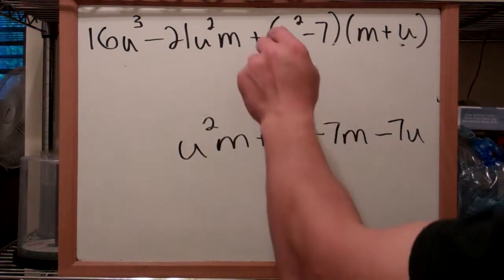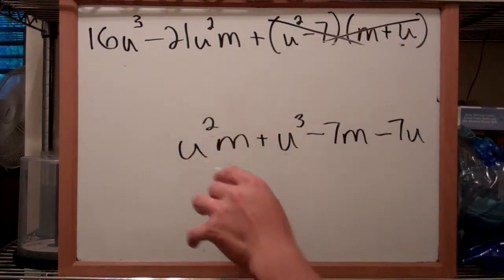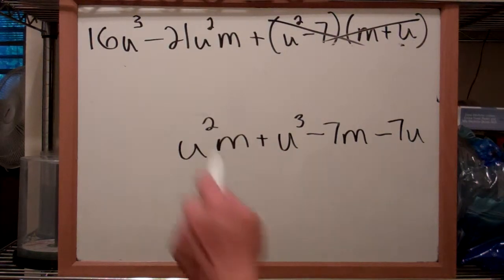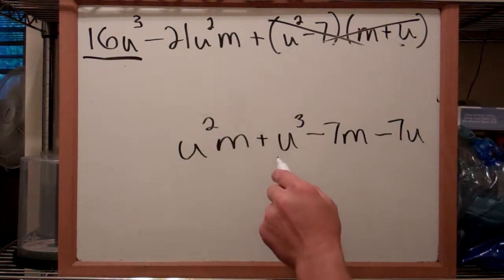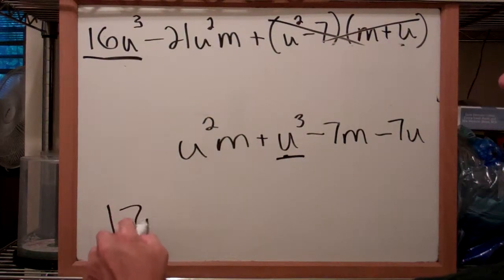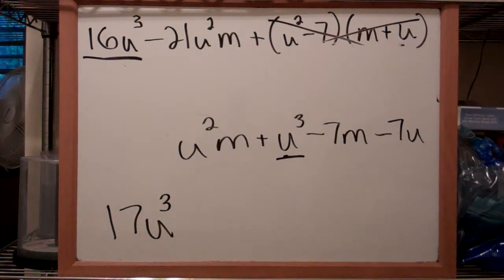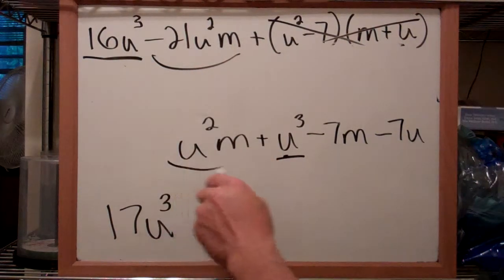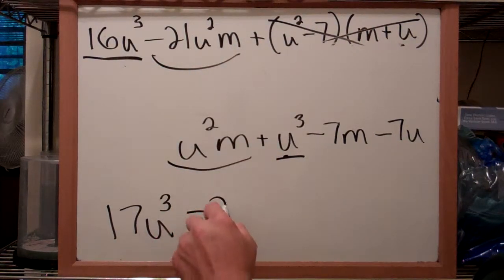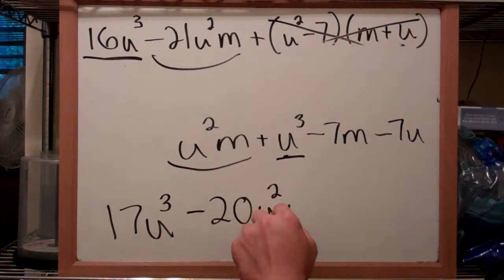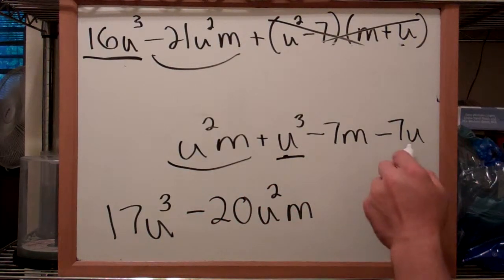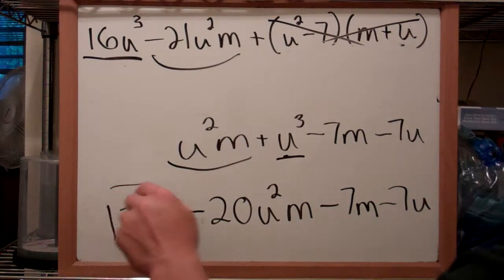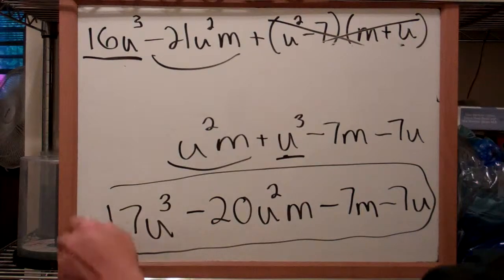We've really replaced this with these 4 terms here. Looking at like terms, the u cubed and the u cubed will give us 17u cubed. The negative 21 u squared m and the u squared m will give me negative 20 u squared m. And then these 2 terms will just, again, tag along. So this would be our simplified expression.